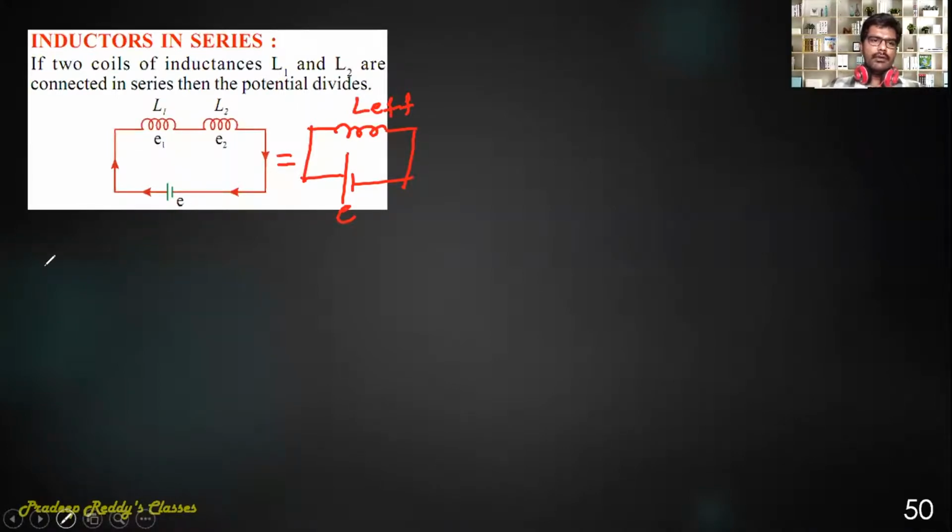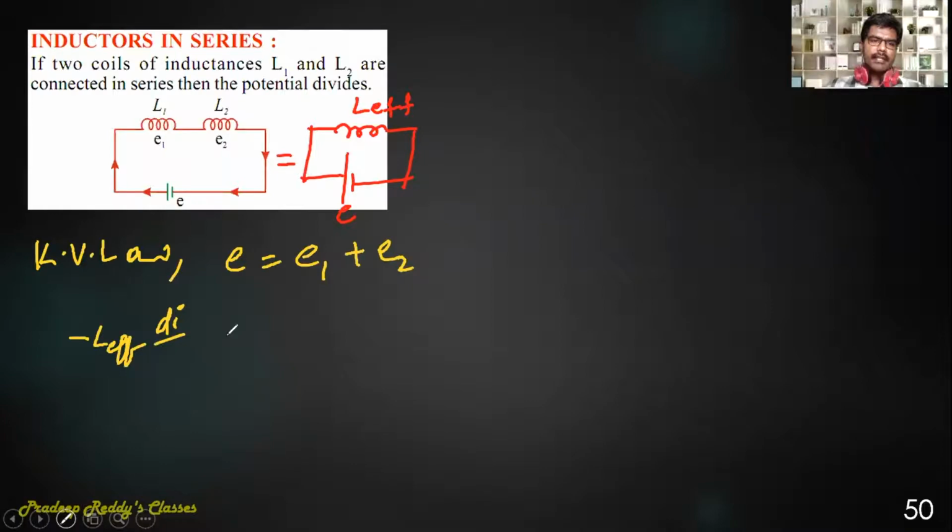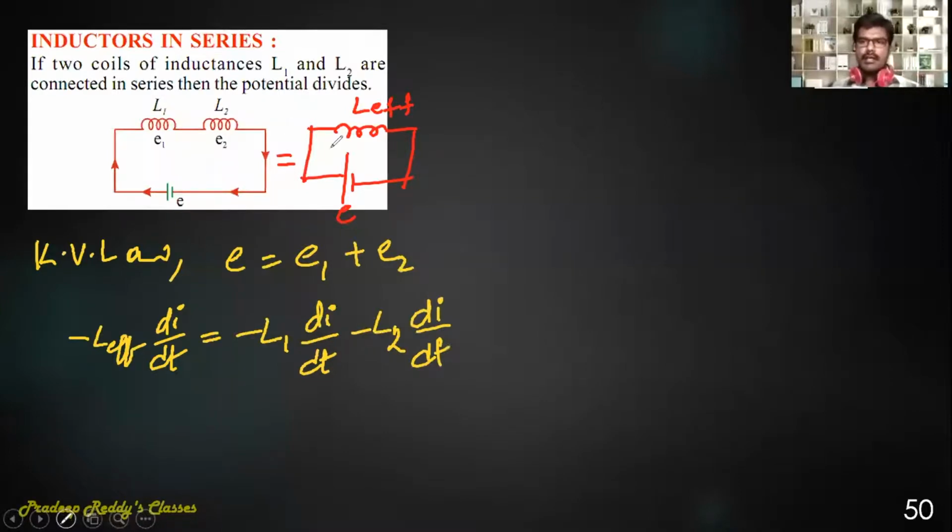Now, as we know, we can use KVL, Kirchhoff voltage law, which states that the total EMF provided here will be equal to the EMF dropped across the first inductor and the EMF dropped across the second inductor. So total EMF E can be written as minus L effective into di by dt, which is equal to minus L1 into di by dt minus L2 into di by dt.